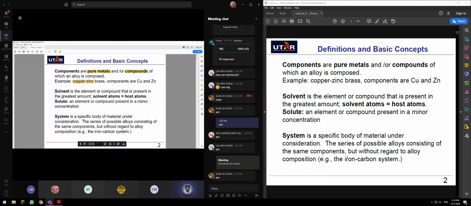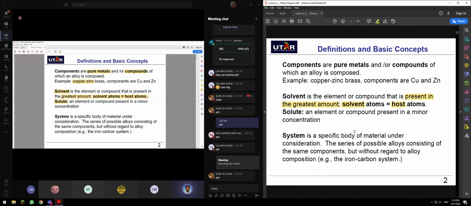Now let's talk about solvent and solute. The keyword for solvent is most. Let's look at the definition. Solvent is the element or compound that is present in the greatest amount. The keyword is most, greatest amount. Solvent atoms are the host atoms. For example, you have water and you are adding sugar into it.